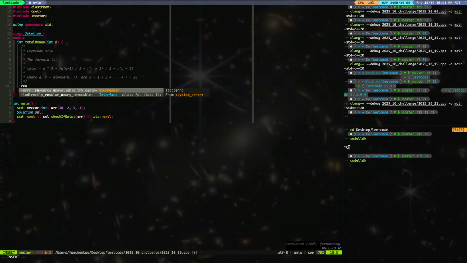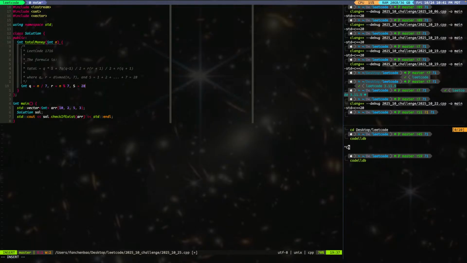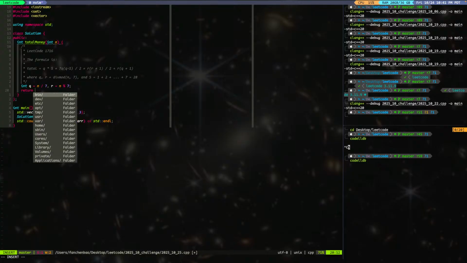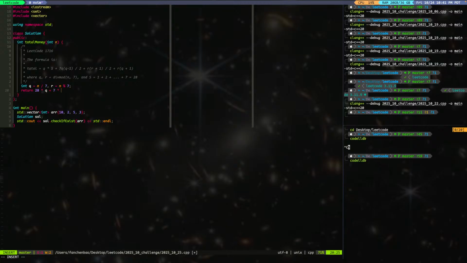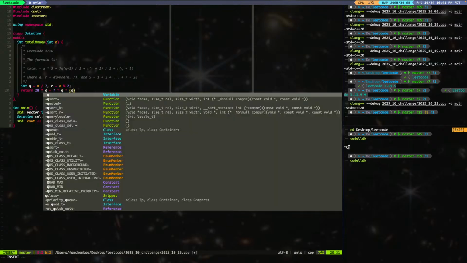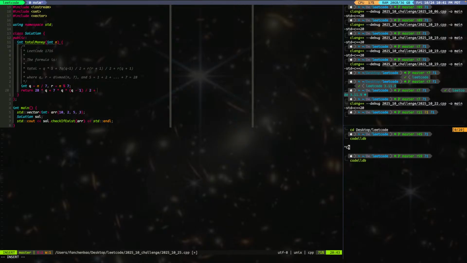So I can return q is n divided by 7, r is n mod 7, s equal to 28. Actually, I don't even need it. So return 28 times q plus 7 times q times (q minus 1) divided by 2 plus r times (r plus 1) divided by 2 plus r times (q plus 1).